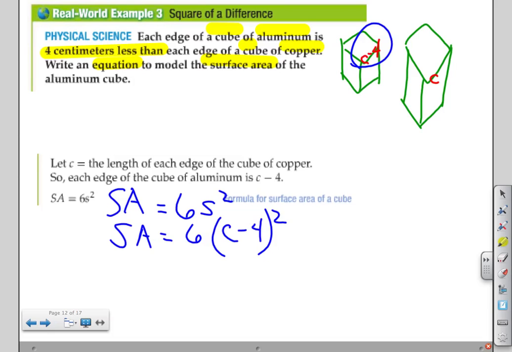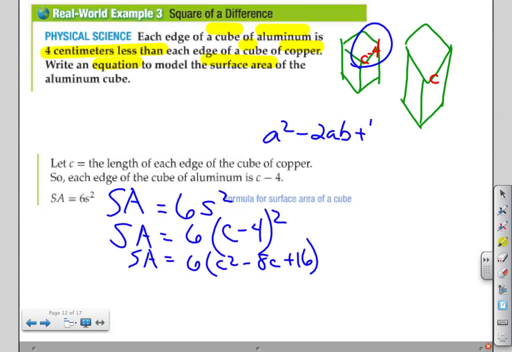Okay? So SA would equal 6, and c minus 4 squared is c squared minus 8c plus 16. Remember a squared minus 2ab plus b squared for the square of a difference.